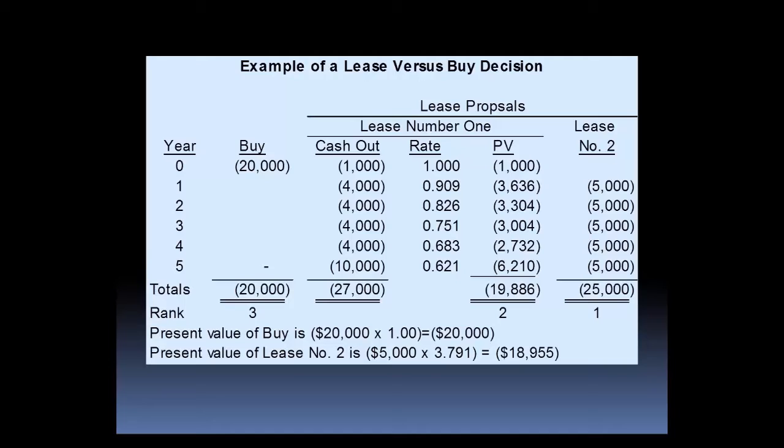So if you take the 0.90 through the 0.62, you'll come up with 3.791. So it's just a faster way of calculating the discount if you have the even dollar amount each year. So again, try it. Add up 0.909 through 0.621 and you'll get 3.791. It's just a faster way of calculating it.